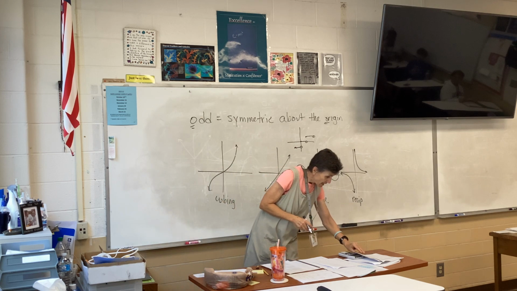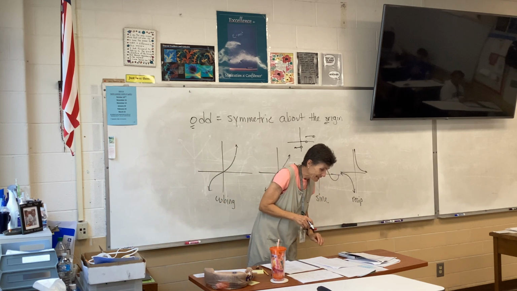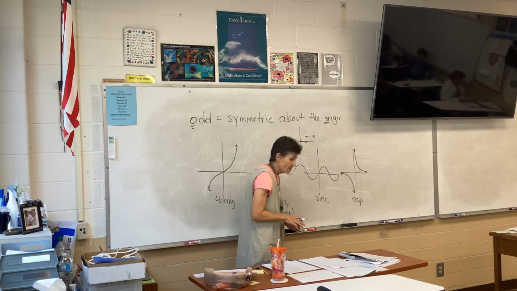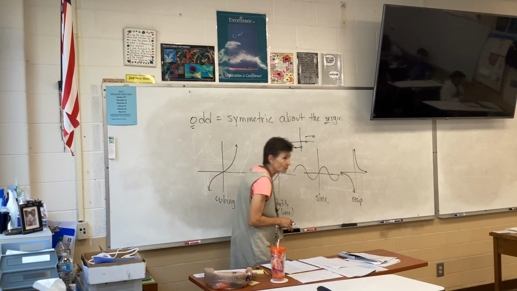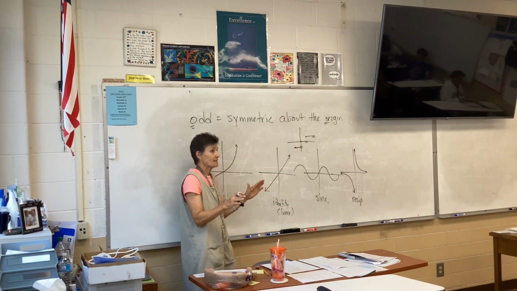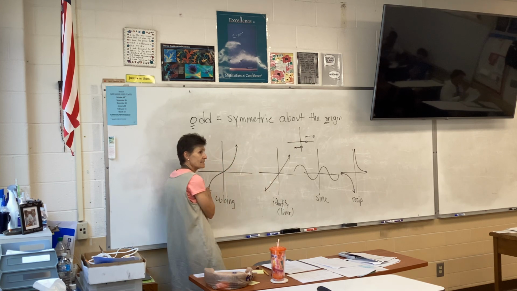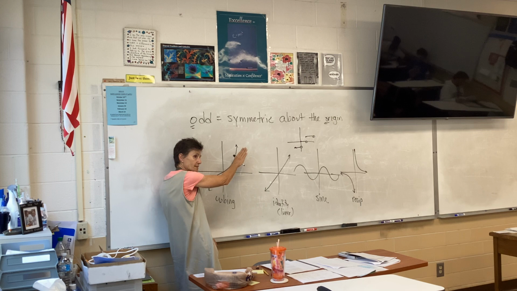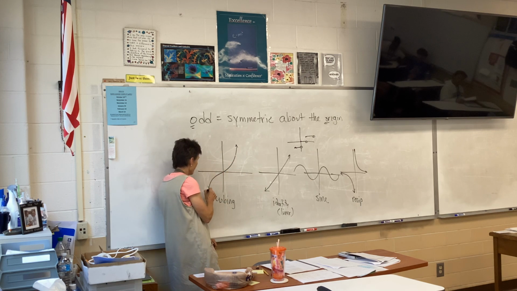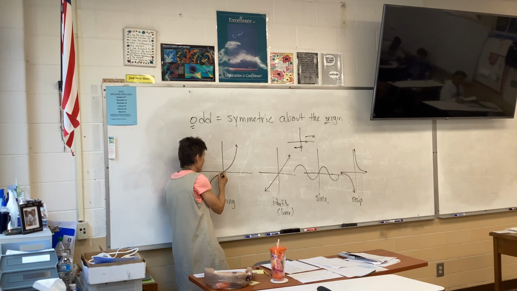Perfect. Next one: the six functions that are increasing on their entire domain. What that means is, right here's an example. There's six of them. This is one. As I draw this from left to right, which direction is my pencil going?